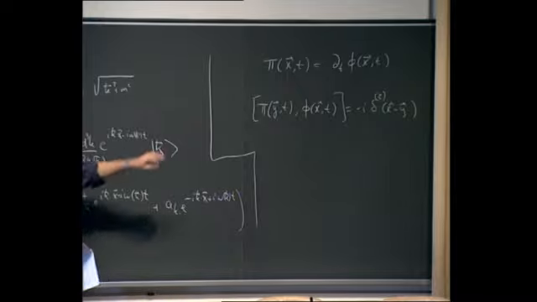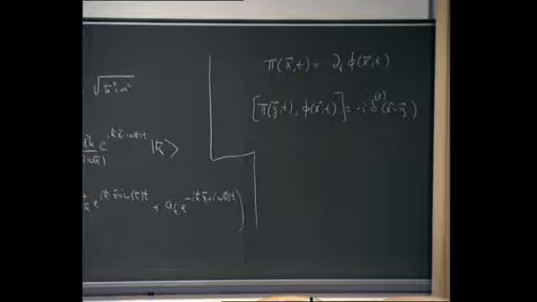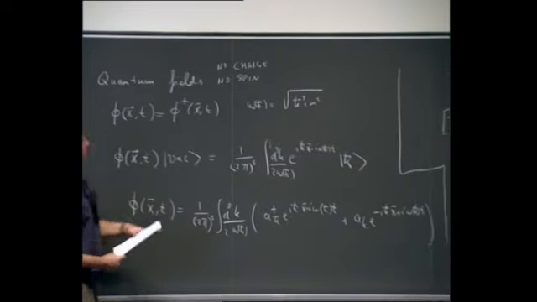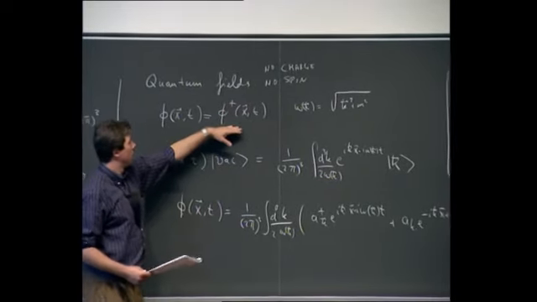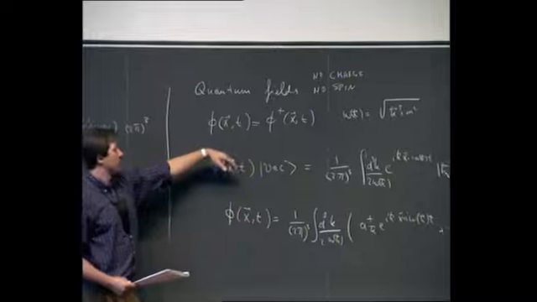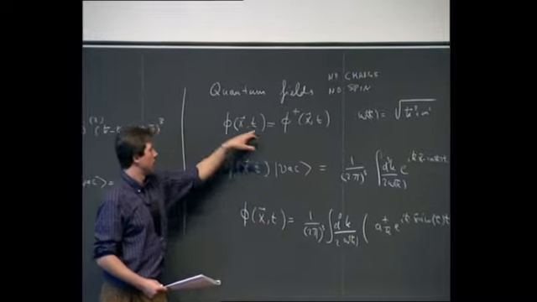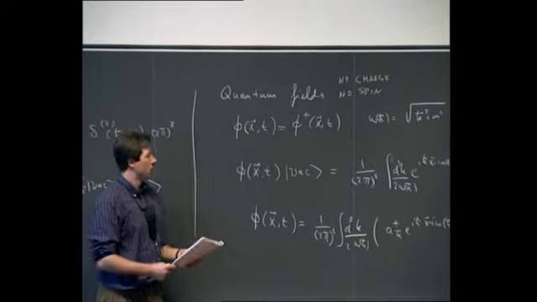What I described here was the quantization, or this quantum field, for a particle without charge and without spin. Actually, if you do have a particle with charge, then this reality condition, that the field is Hermitian conjugate, should be dropped.